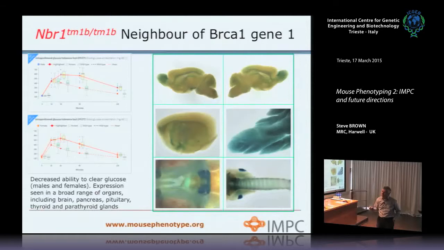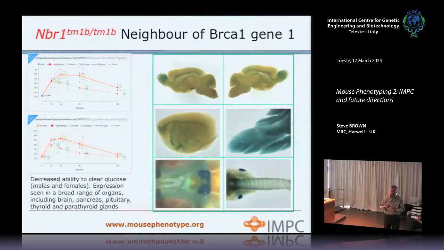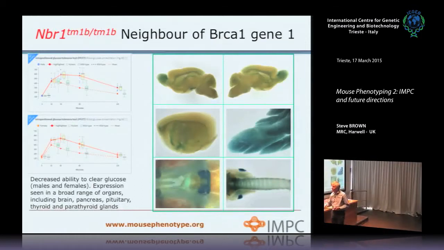But it also has abnormal glucose homeostasis, very clearly here, but expression in a broad range of organs. And maybe that abnormal glucose homeostasis is potentially related to some hypothalamic expression or something like that. But this just shows you the power of looking at mice from this perspective. It's an enormously powerful tool for generating new hypotheses about genes in the genome and starting new lines of inquiry.